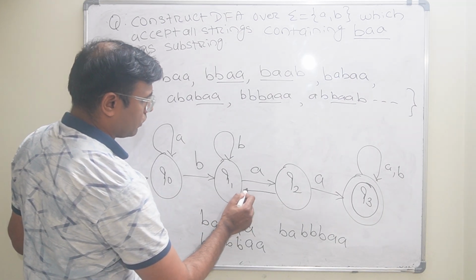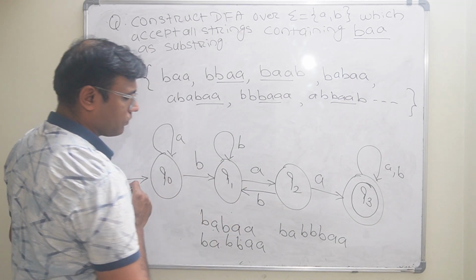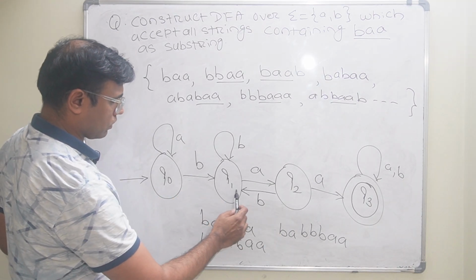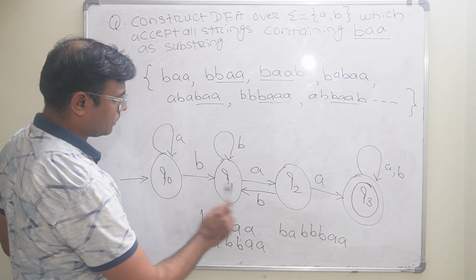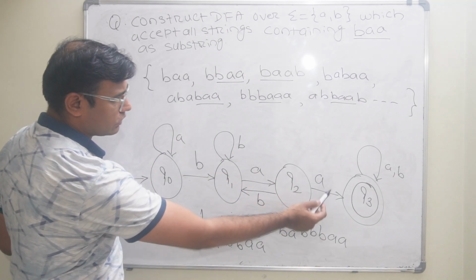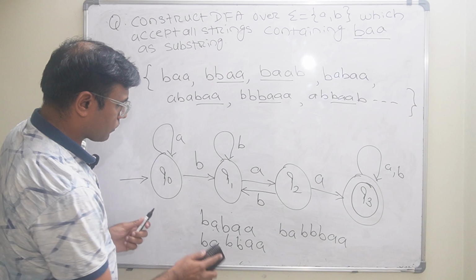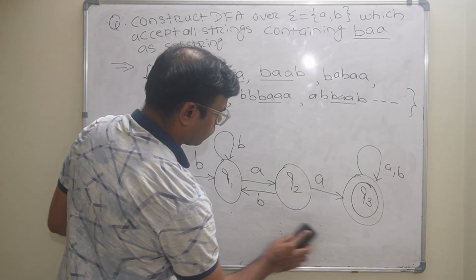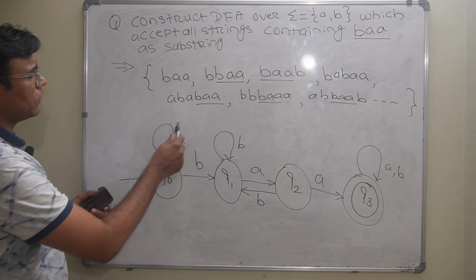That's why I will apply B. I will write here B. So you can see BABAA reaches the final state, BABB is accepting any number of B and reaches the final state. So this is how we can solve the problem, and let us see the remaining possibilities now.